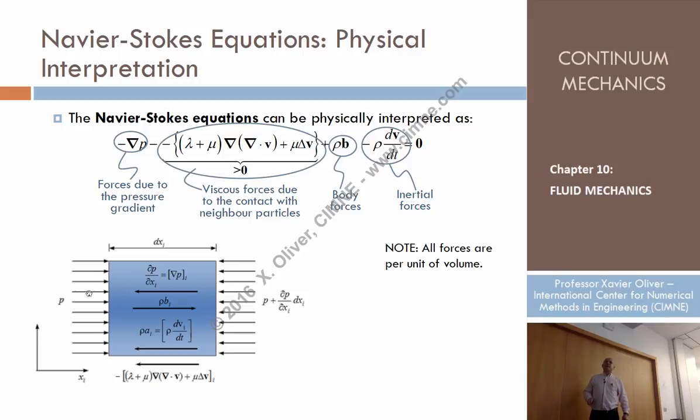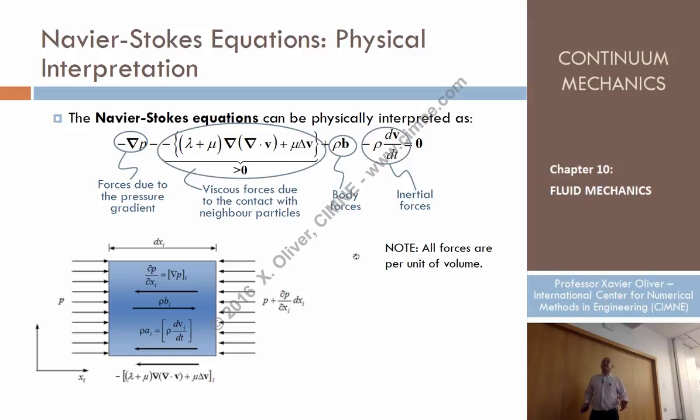So here we have a pressure P, and here we have a pressure in the opposite sense, which is P plus the derivative of P with respect to xi times dxi. The sum of both is just this part here.